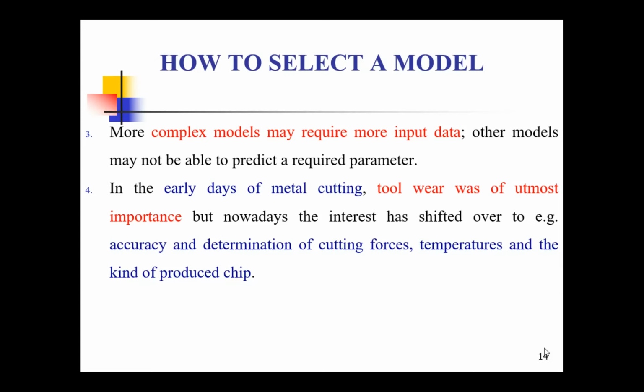But now, with the sophisticated facilities that we have, apart from tool wear, we are also showing interest in determining the cutting forces, the interface temperatures, the chip morphologies, then the pressure that is being applied, what surface finish is produced, and what is the change in microstructure at the machined surface that we can determine.